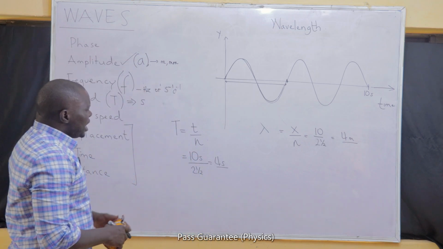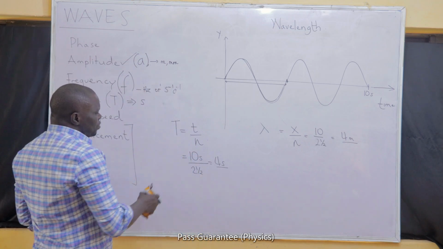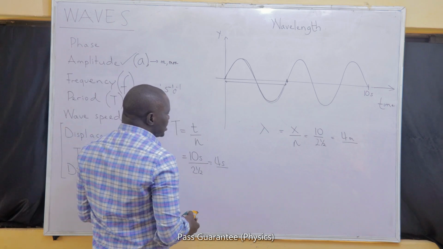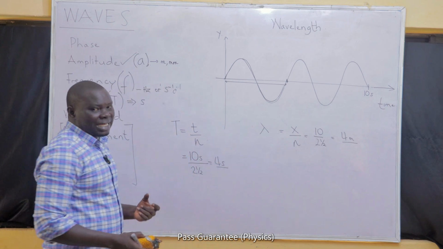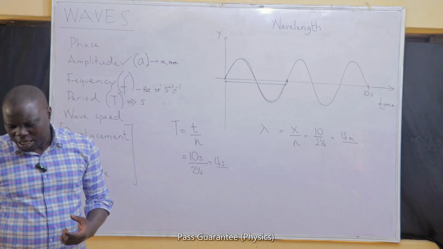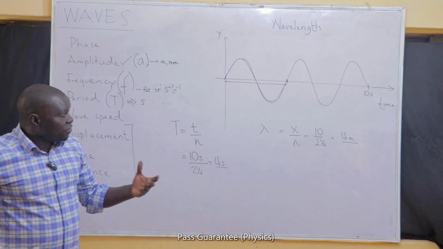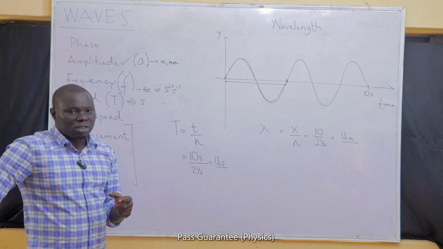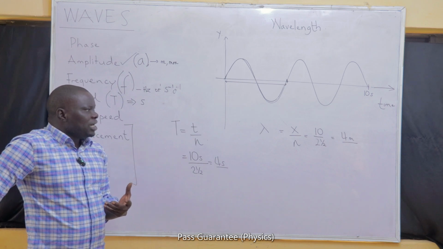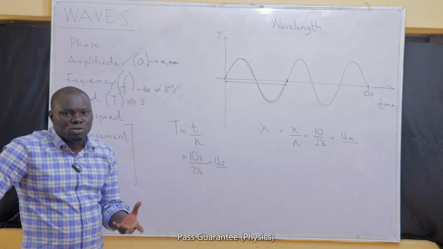Now, there are other definitions that people can give you that mean the same thing as defining wavelength or period. Remember that I said that a wavelength is the distance covered by the wave in one cycle. Now, I may not use the word cycle directly.